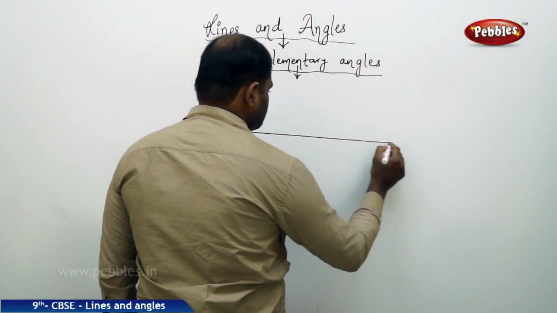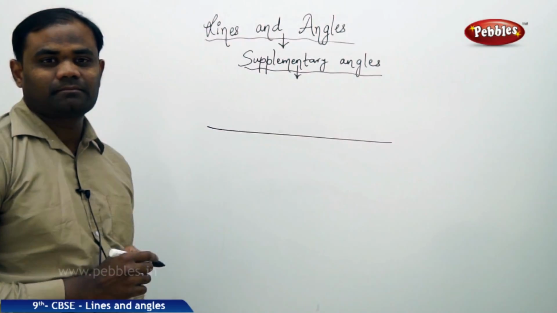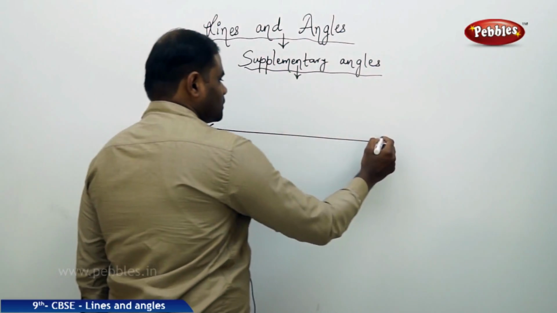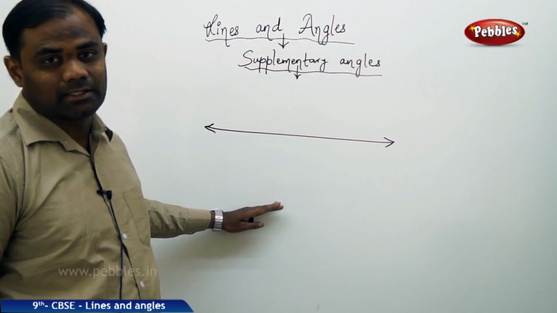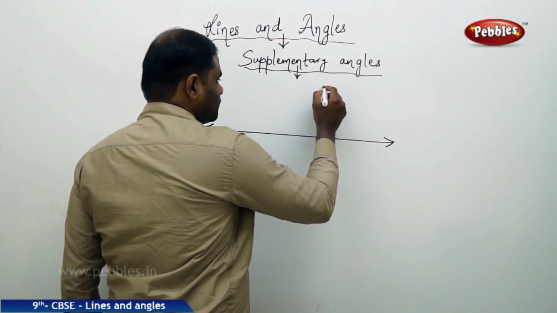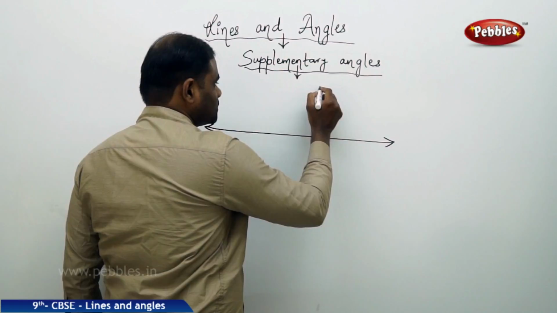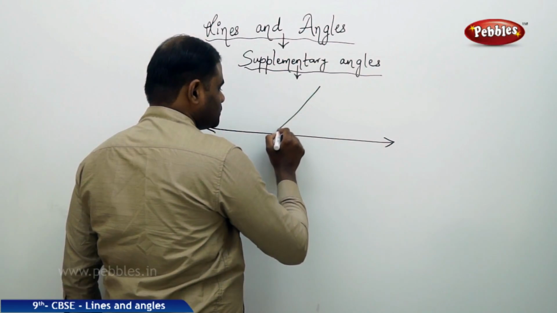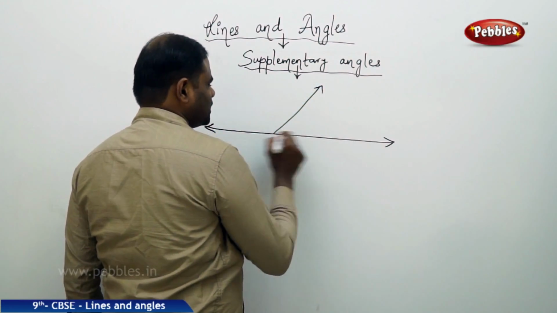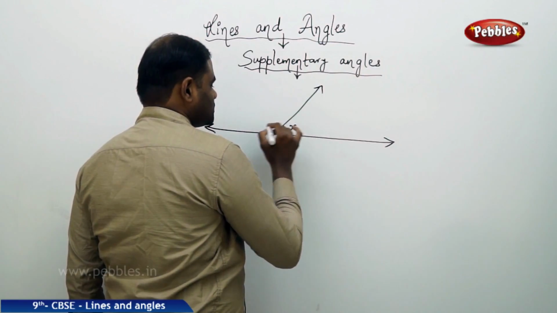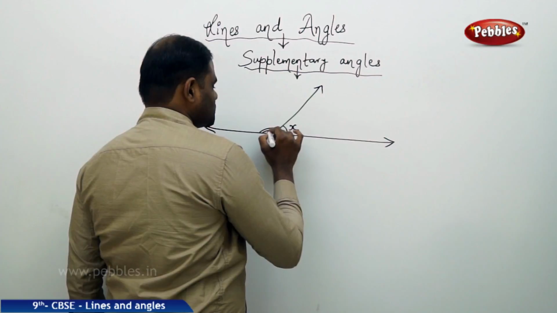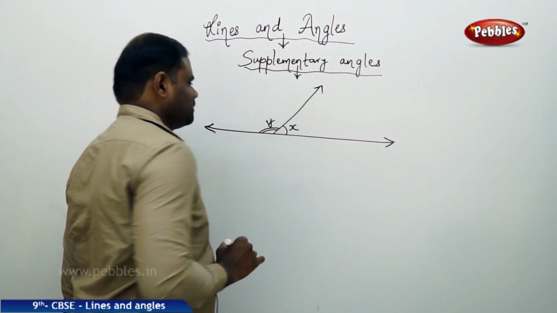Imagine I take a straight line. Let me say there's another line which cuts this line at some angle. Therefore, I have this line which cuts, making these two angles, say angle x, and this is angle y.